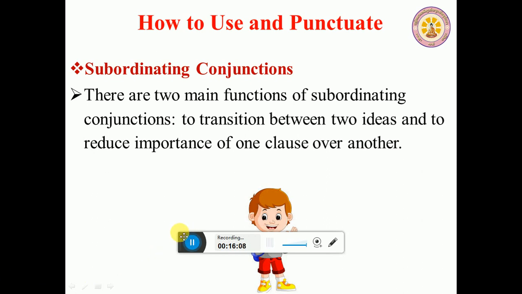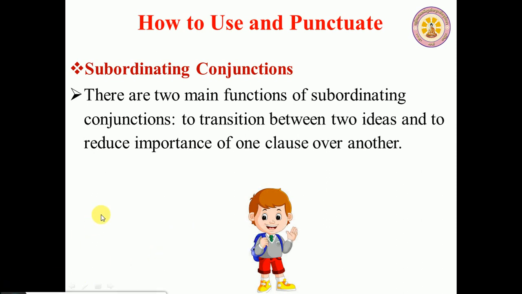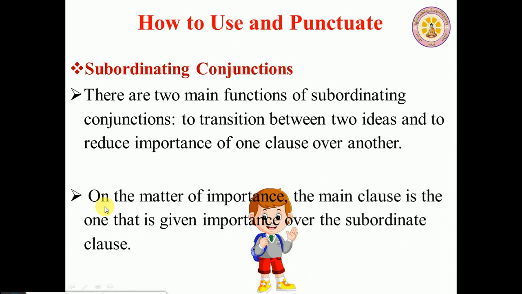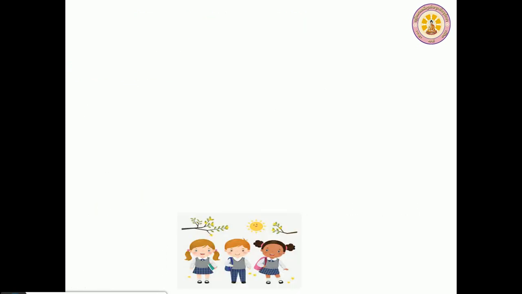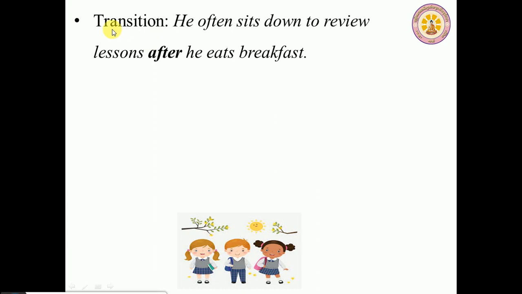Okay, have a listen. On a matter of importance, the main clause is the one that is given importance over the subordinate clause. For example, here: he often sits down to review lessons after he eats breakfast.